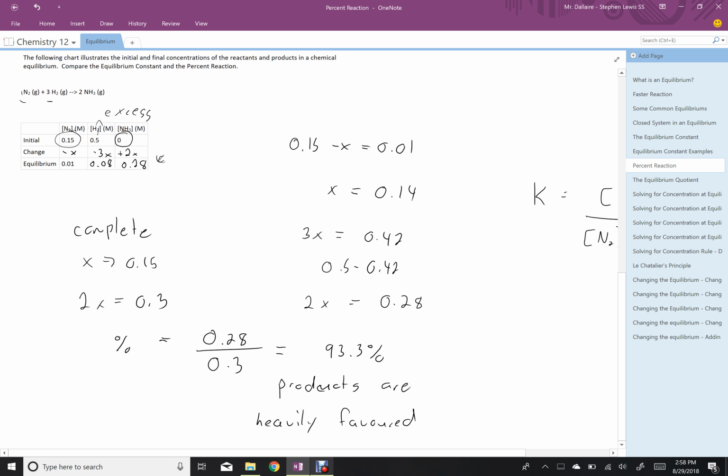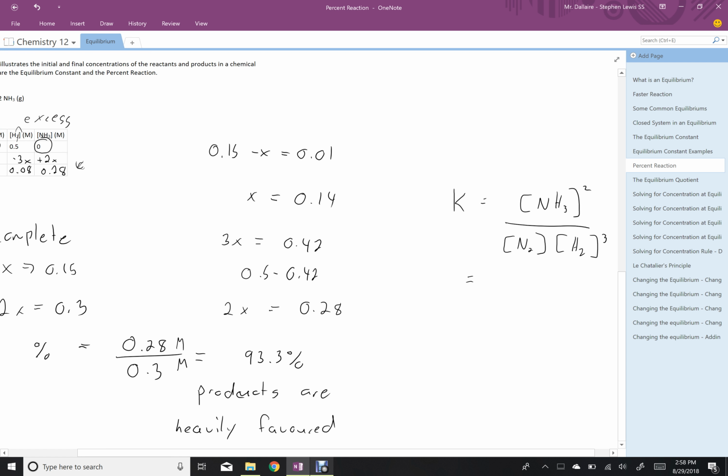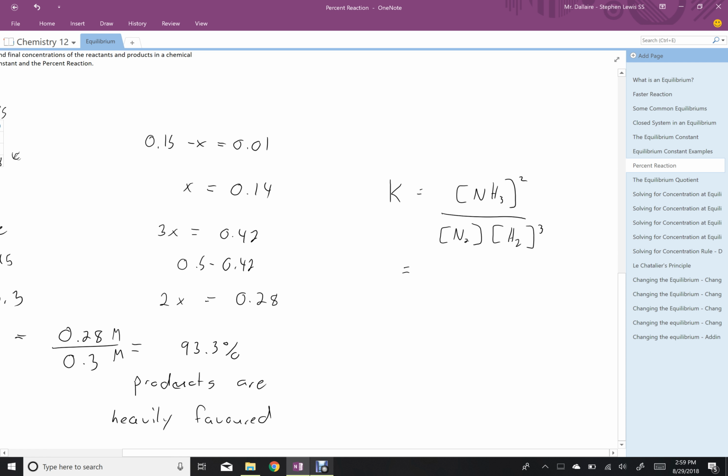And we have to be careful here. This is molarity and this is molarity, so there's no units here. But we have to be careful because there are going to be units and they're not going to cancel out, so we need to watch what they are. I have 0.28 moles per liter on the top, squared. I'm left with 0.01 moles per liter of the ammonia and 0.08 moles per liter of the hydrogen.